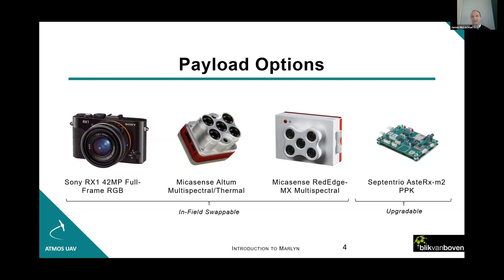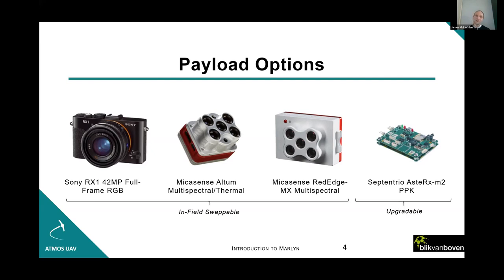Also, we carry Septentrio's PPK system, which is, again, the Rolls-Royce of PPK units which are available on drones at the moment. So when combined with the Sony RX1 42 megapixel camera, that's where you get your really fine GSDs and your really fine accuracies as well. And the best thing about our PPK is that it's also usable with the multispectral options.